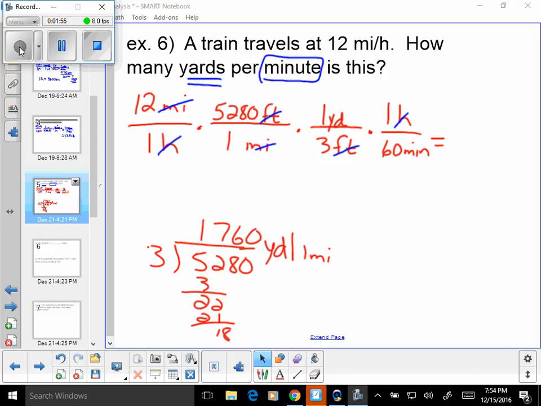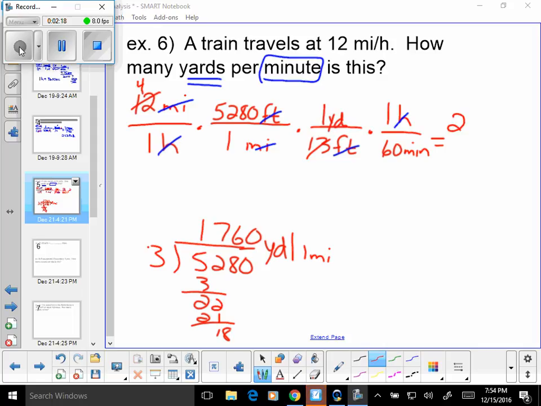Now at this point, I would roll it through a calculator. What I would do is take 12 times 5,280, divide by 3, divide by 60, and to be perfectly honest with you, I would go ahead and cancel this 3 and this 12 to make it 4. And I would take 4 times 5,280 divided by 60.